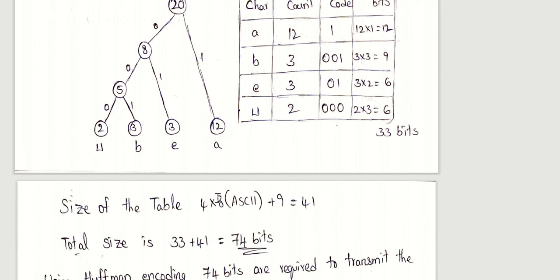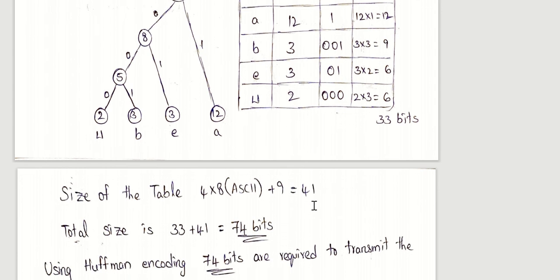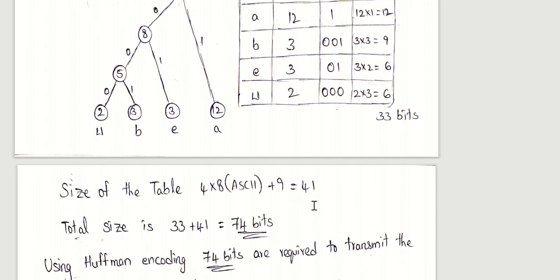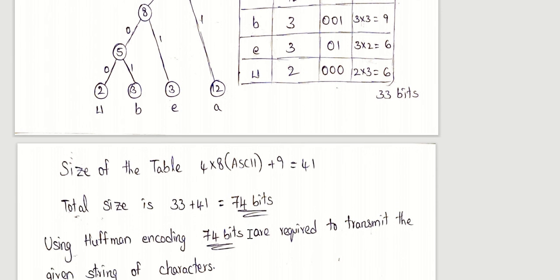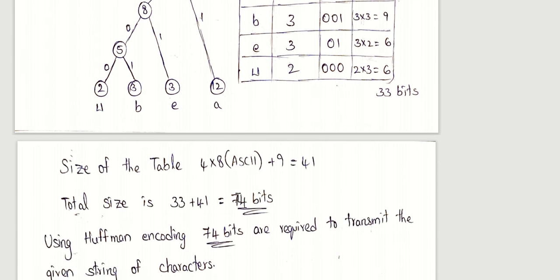As I told earlier, each ASCII value requires 8 bits. So 4 into 8, and these codes are 9. If we add that, we'll get 41. In order to get the total value, we require the sum of the size of the table and the bits for the sequence of characters. So the total size we require is 74 bits.